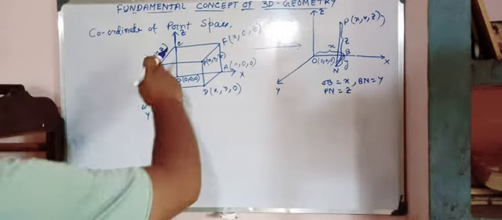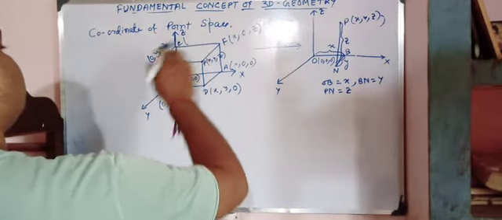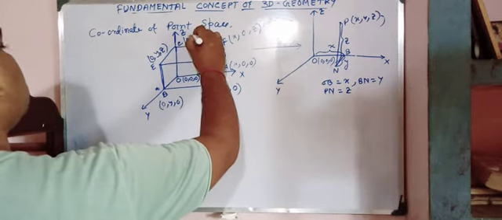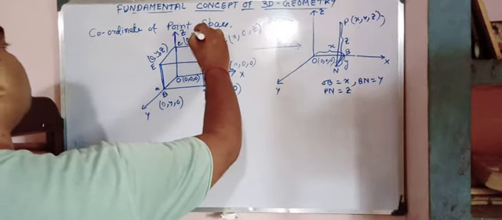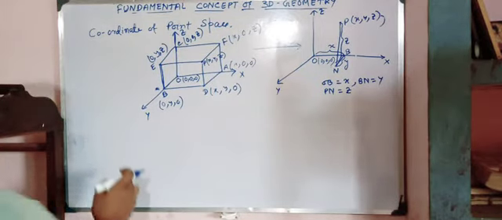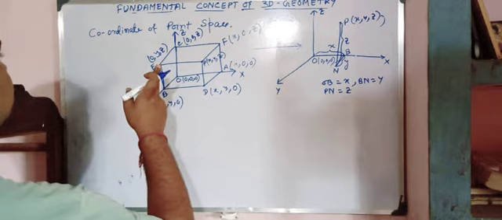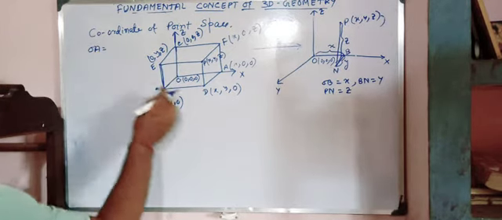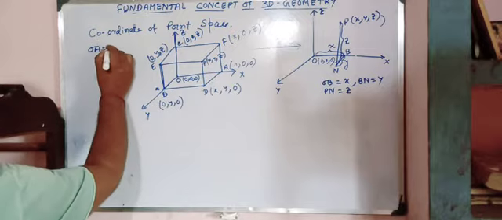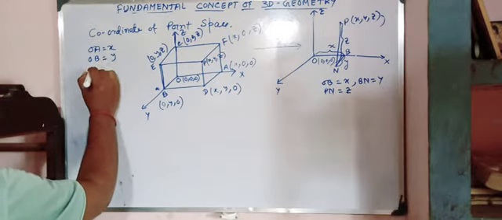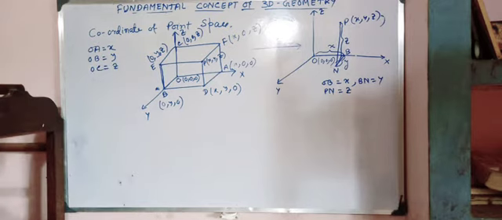So one more coordinate is left here, the coordinate of C. So here the coordinate of C should be 0, 0, what? z. 0, 0, z. Now as we can see here, OA is equal to x, OB is equal to y, and OC is equal to z.